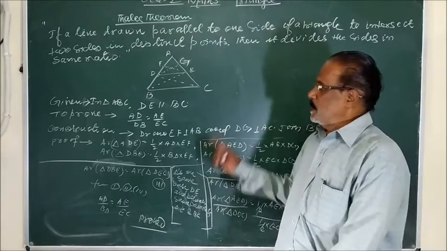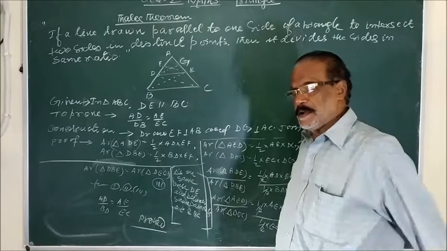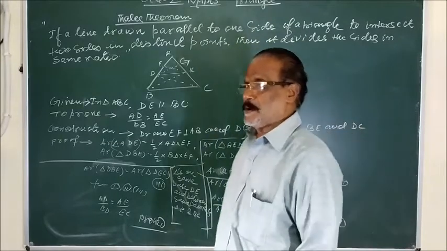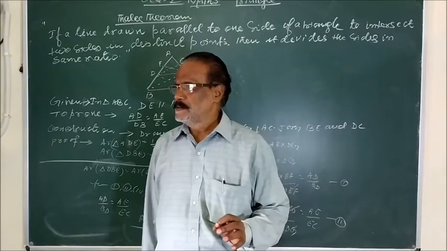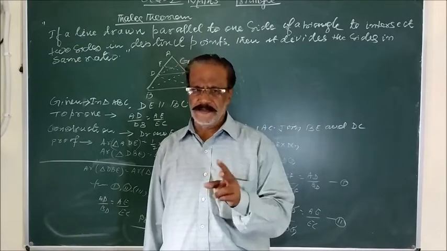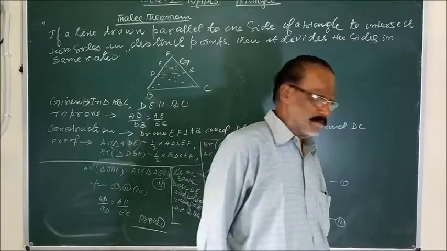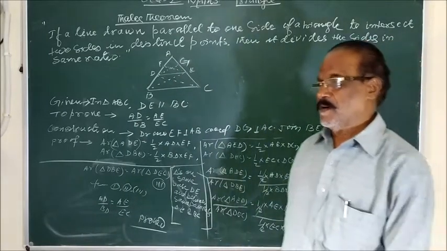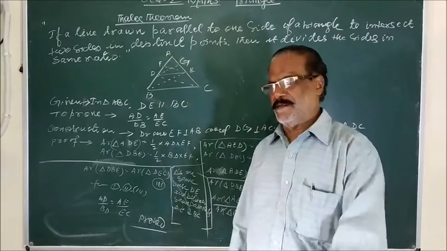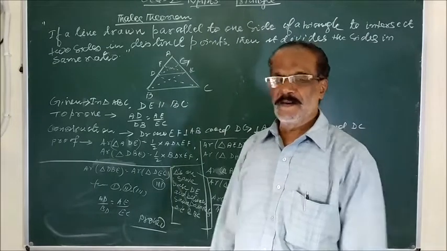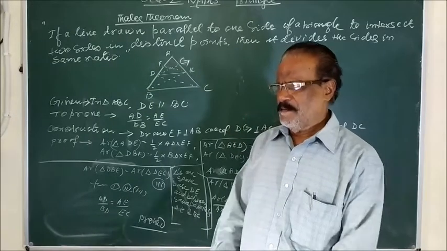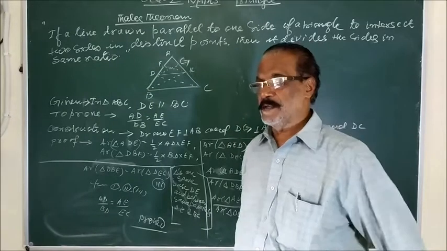But now we will concentrate only on triangles. If two triangles are congruent, you must have learned corresponding sides are equal and corresponding angles are also equal. But now we will talk about similarity.